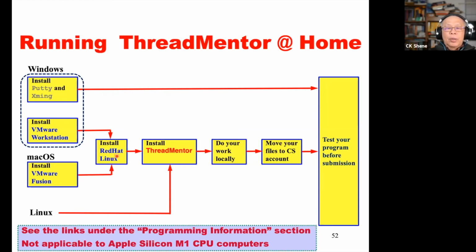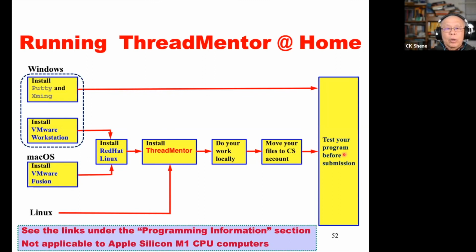After installing your Linux, you could install ThreadMentor, do your work locally, and move all your files to your CS account with modification, and then always test your program there. Now, if you use a native Linux machine, you simply install ThreadMentor.